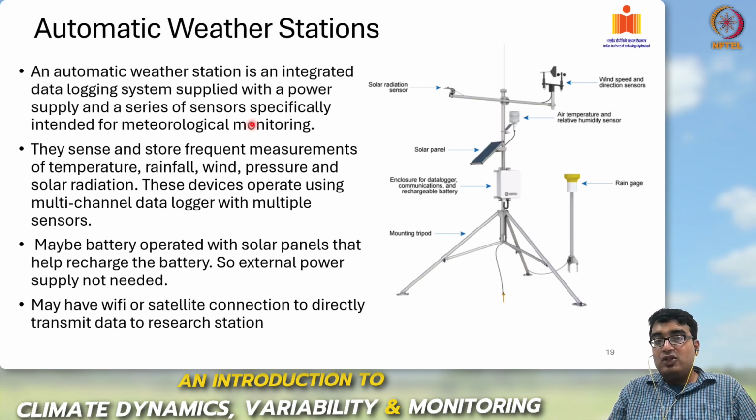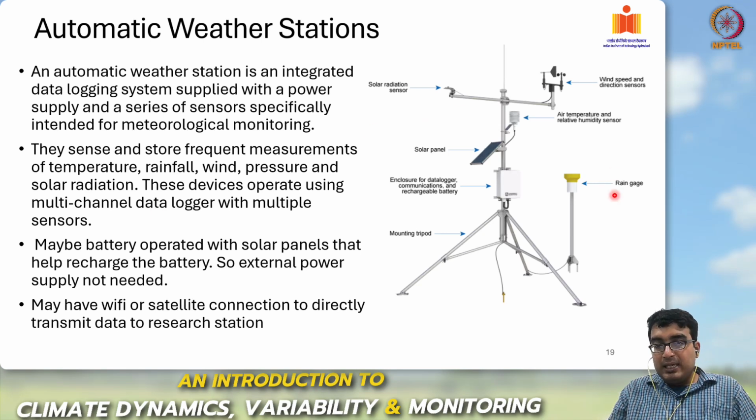They sense and store frequent measurements of temperature, rainfall, wind, pressure and solar radiation. So temperature data, rainfall data, wind data, pressure data and solar radiation data. These devices operate using a multi-channel data logger with multiple sensors.